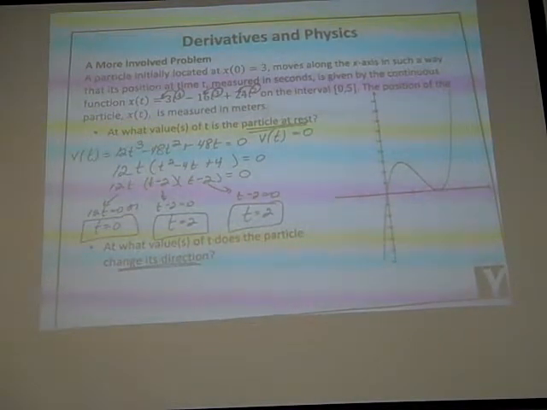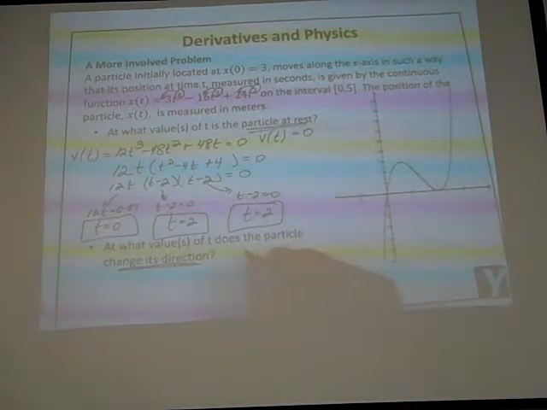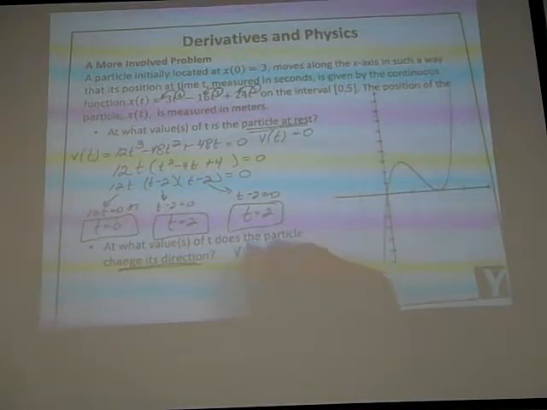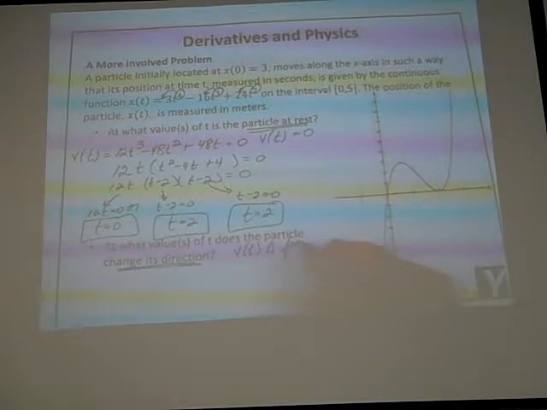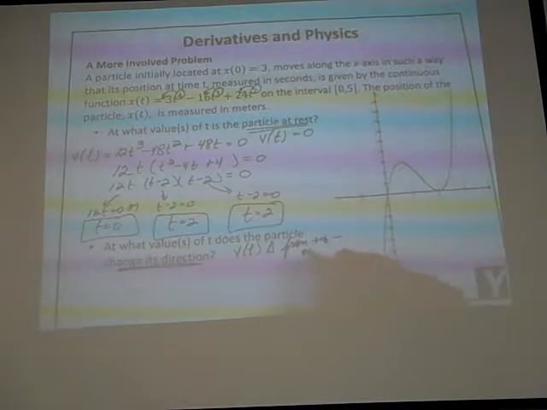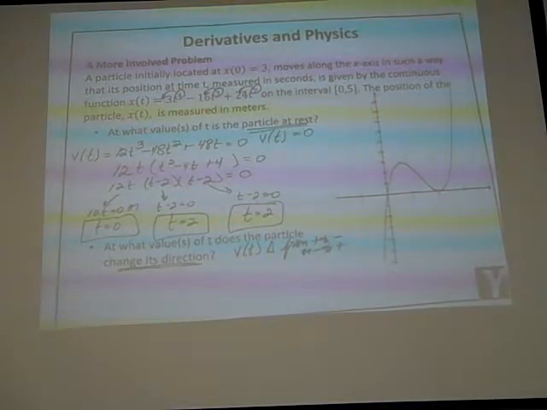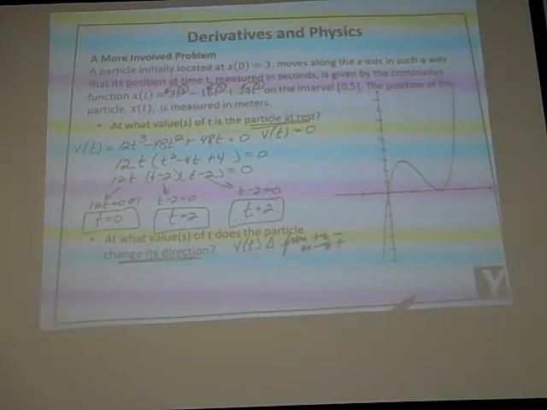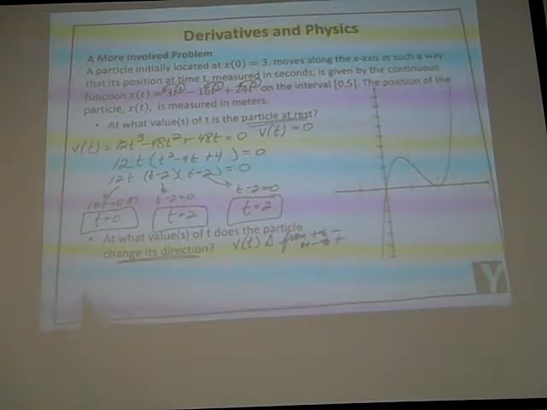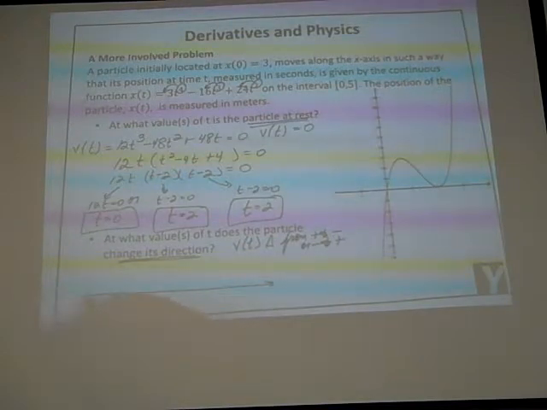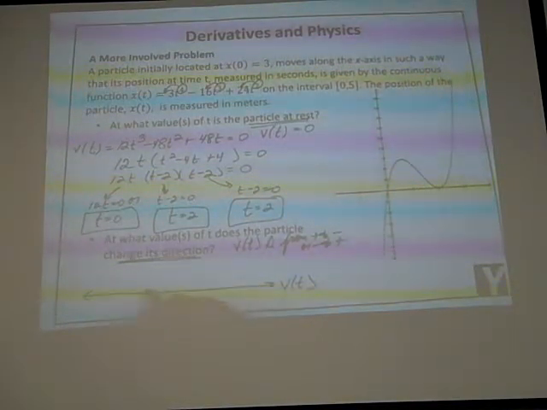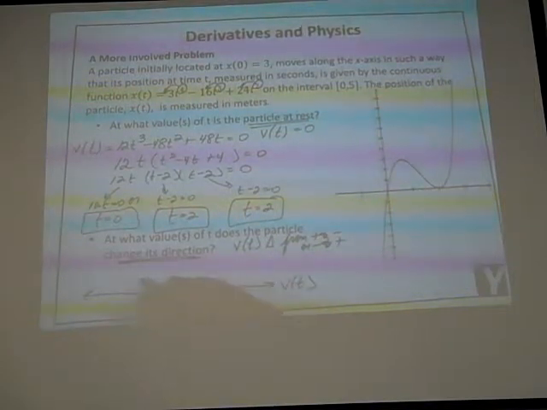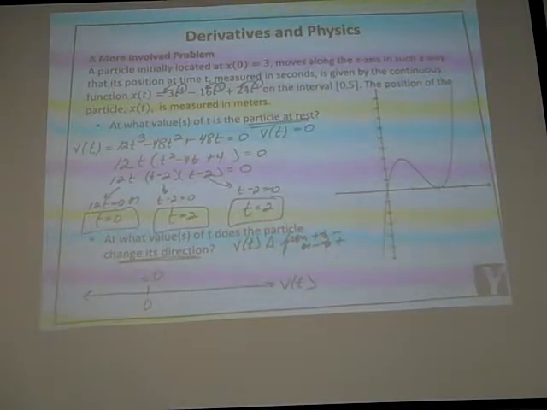Well, in order for the particle to change its direction, another way to say that is velocity v of t has to change from positive to negative, or from negative to positive. This is where our number line test is going to be really helpful. So I'm going to do a number line for the velocity. I know that at time 0, the velocity is equal to 0.